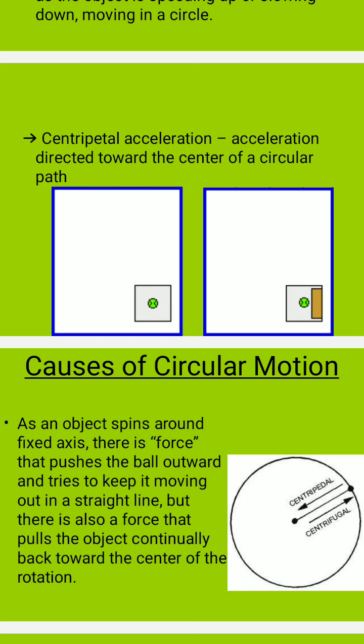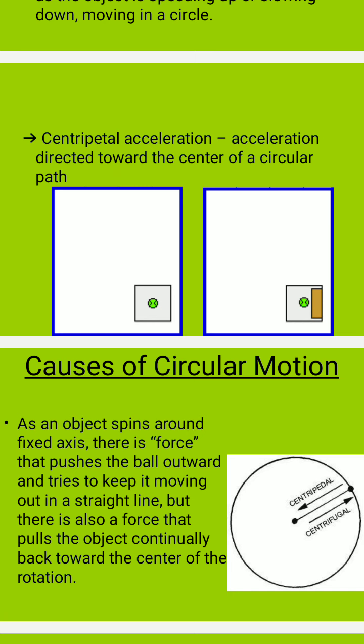There is always a balance between the centripetal and centrifugal acceleration. Only then will the body move in a circular path. If centrifugal acceleration is larger, the radius of rotation will keep increasing, so it will move in a bigger circle.